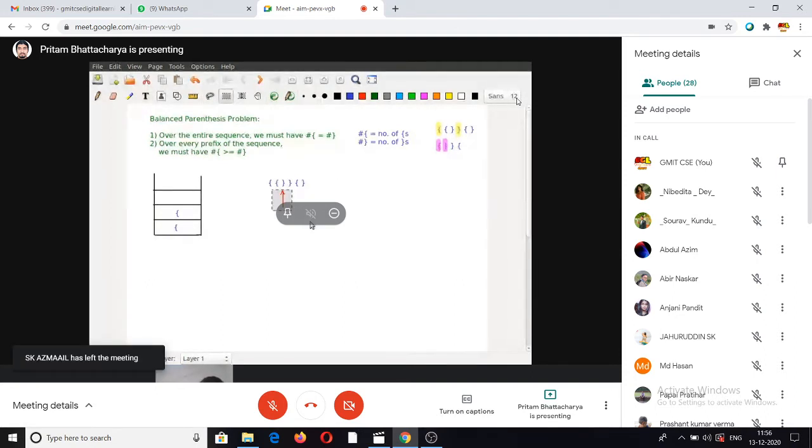So whenever you see a closing parenthesis, what you have to do is you go to the stack, and if you see at this point that the stack is empty, then you are going to return an error. That is, this is an invalid sequence. But here we see that on top of the stack we have an opening parenthesis. So what we do is we simply pop it. So I am showing it with a cross. That is, I now popped out this element.